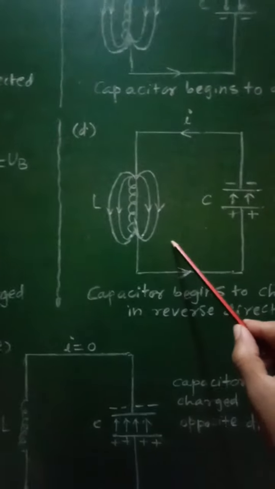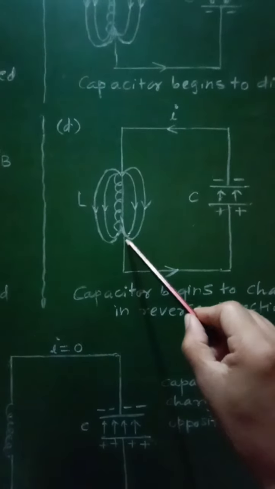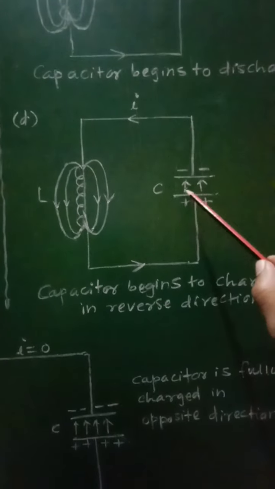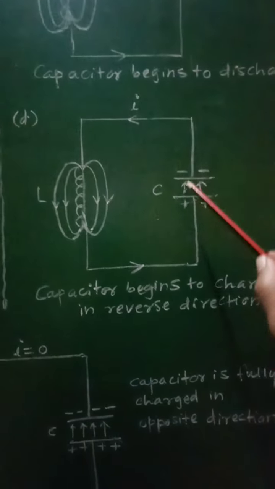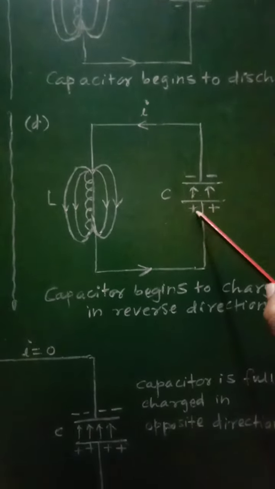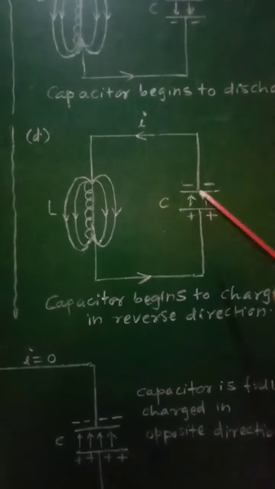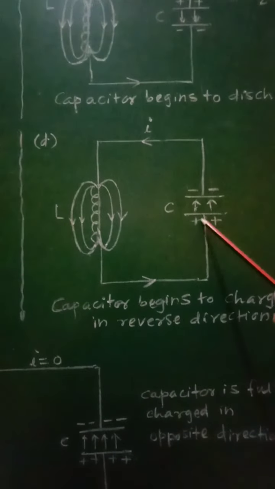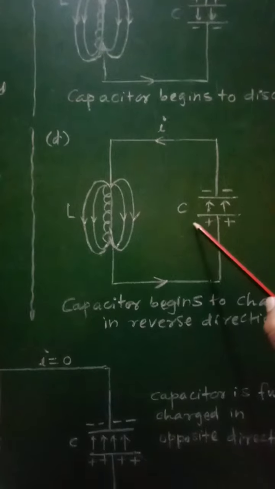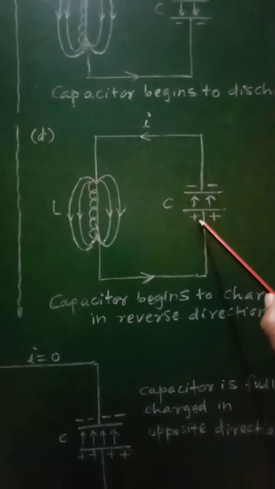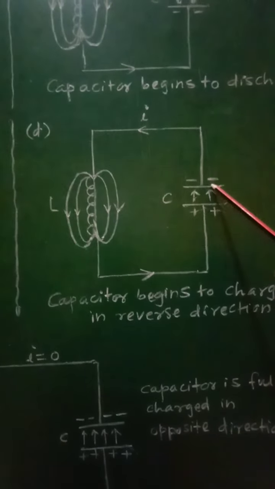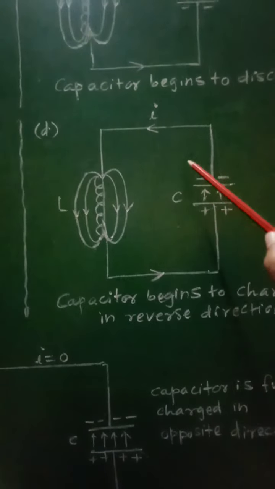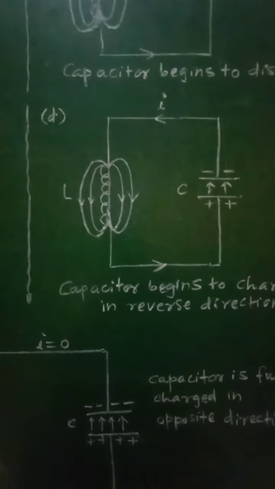But when charging due to this magnetic field takes place, a few charges will be present on the plates of the capacitor, with an interchange of the charges on the plates as compared with the previous cases. So here plus charge, here minus charge will be produced, but the direction of the current is the same as that of the previous case.